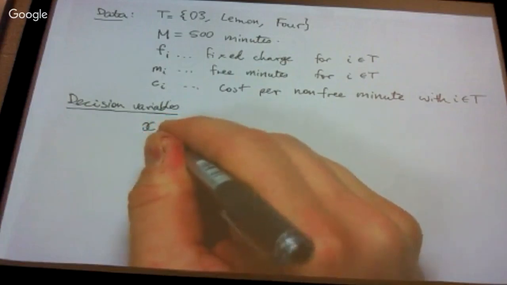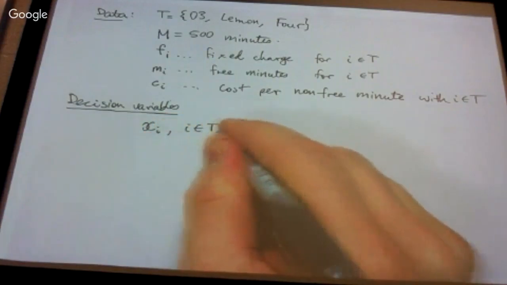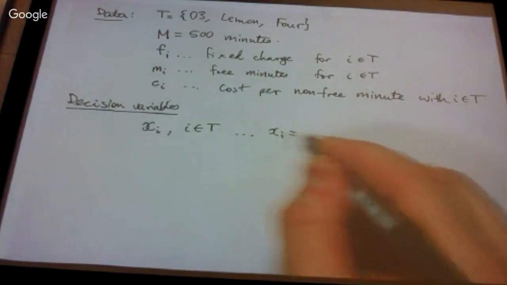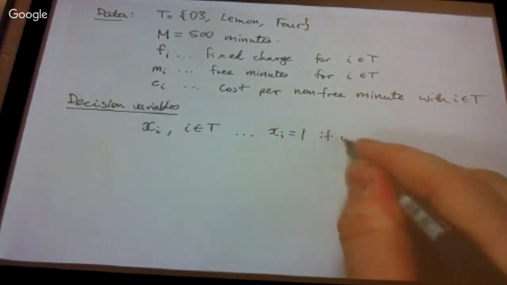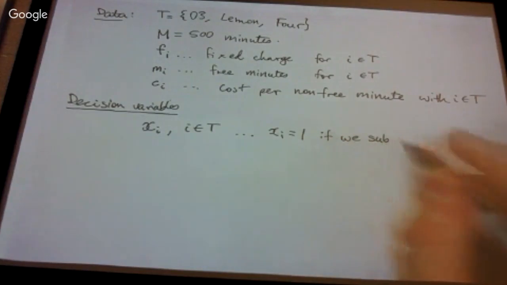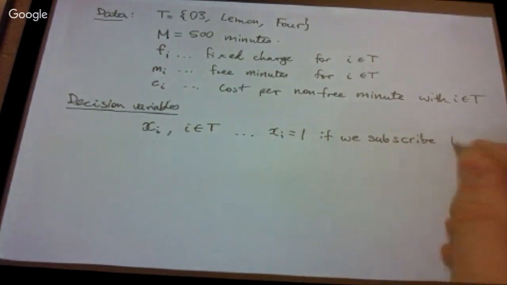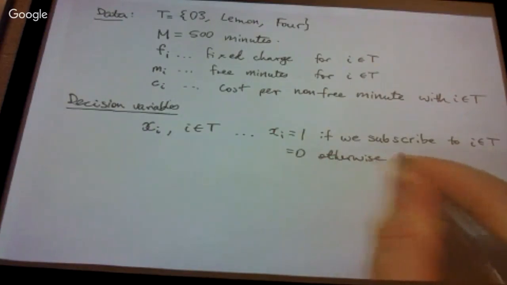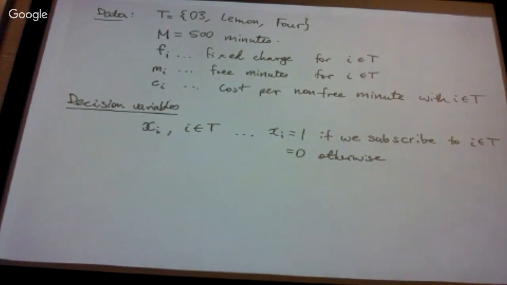I'll just say XI, whatever I is. So how would you put it? How would anybody else put it? You suggest an interpretation that it's 1 if we subscribe to that telecom and 0 otherwise. So that's your idea. Okay.